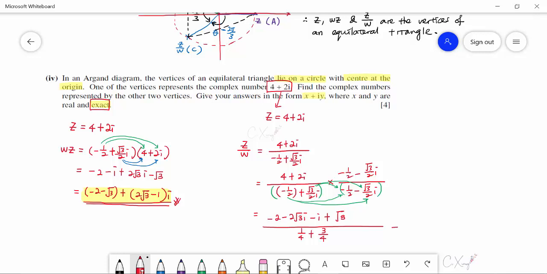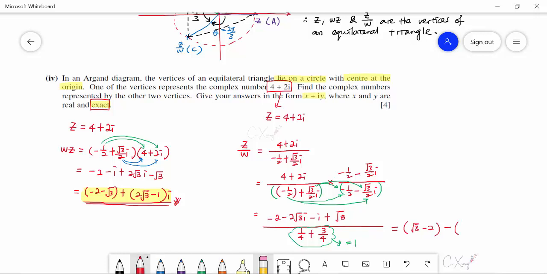Okay, after that, again, try to rephrase your answer. The real part with the real part, imaginary part with imaginary part. And you can see that this whole denominator is equal to 1. Right, so you only have the numerator. So for the numerator part, if you didn't do any careless mistake, then you have square root 3 minus 2 for the real part, then minus negative 2 over 2 square root 3, sorry, should be plus.